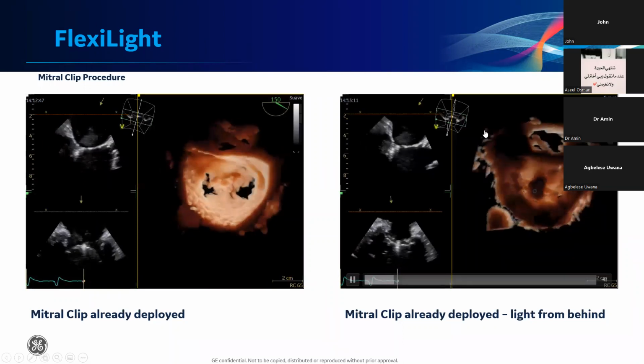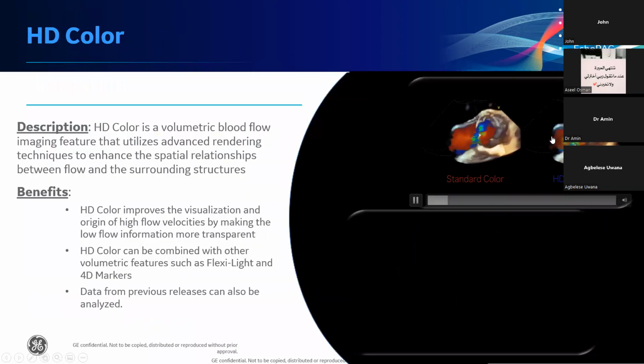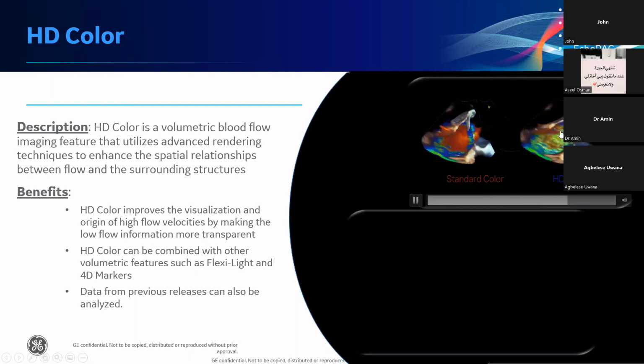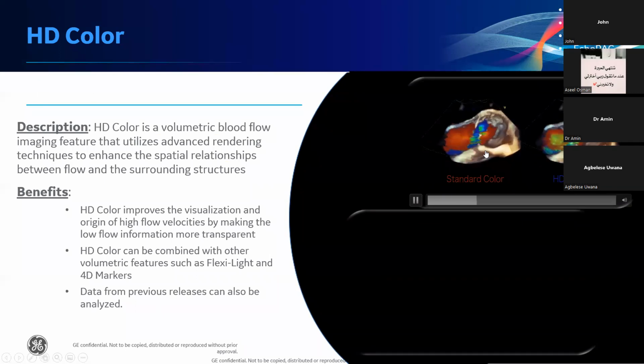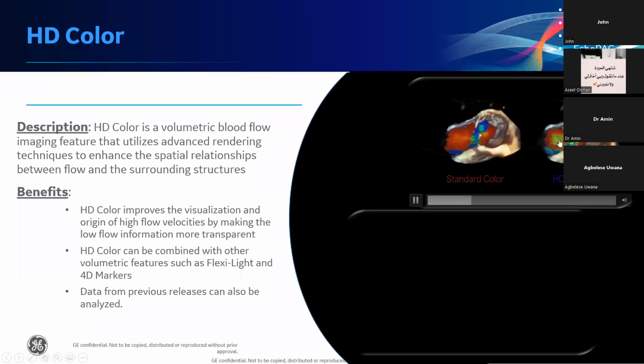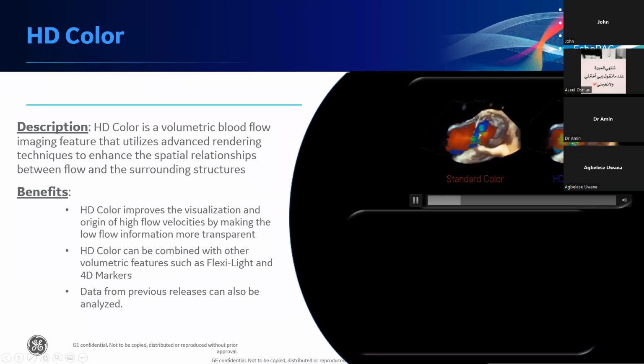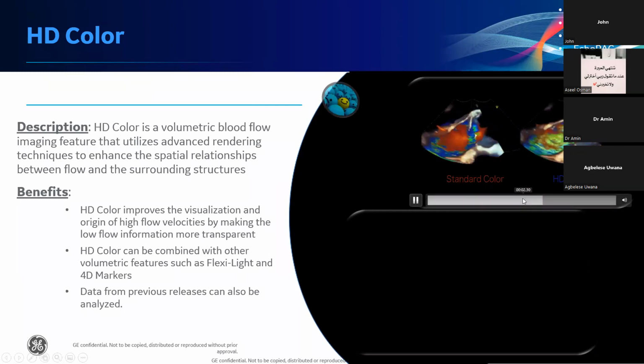Another tool here is called HD Color, where you can make the low velocities transparent without compromising the opacity of the high velocity jets. That means the low velocities, which are usually displaced blood or swirling blood, that is not the significant jet, can be transparent, maintaining the opacity of the high velocities, which are usually the significant jets.